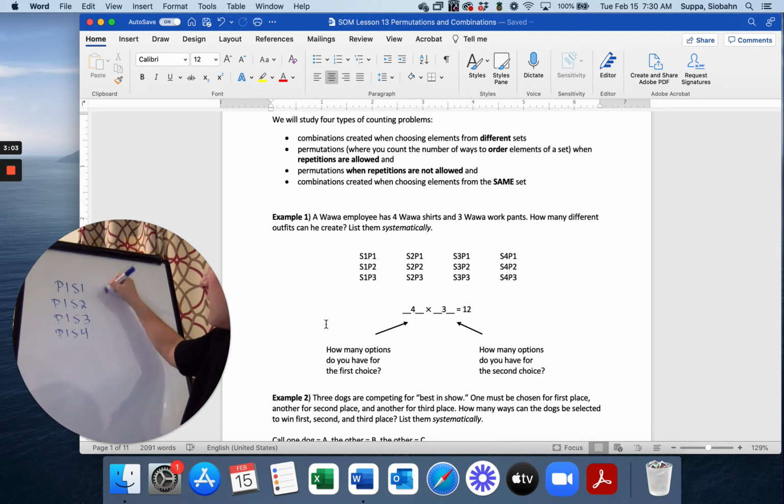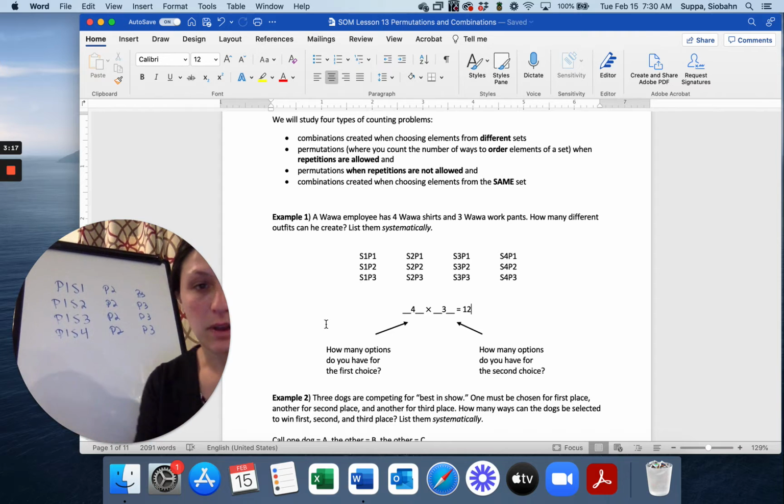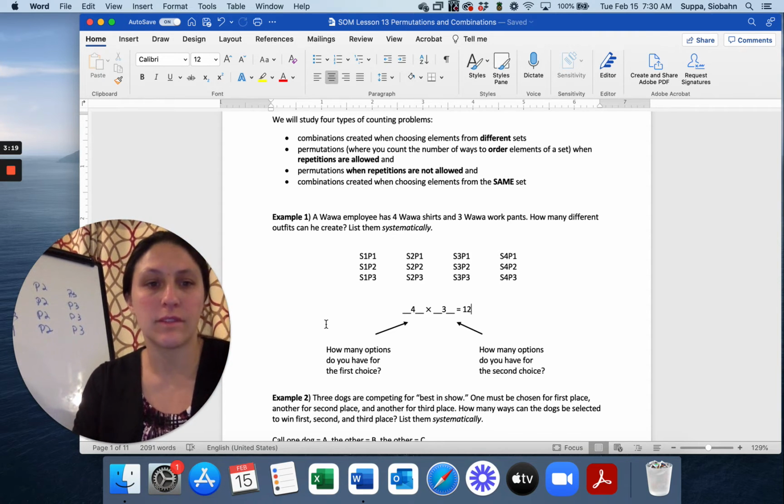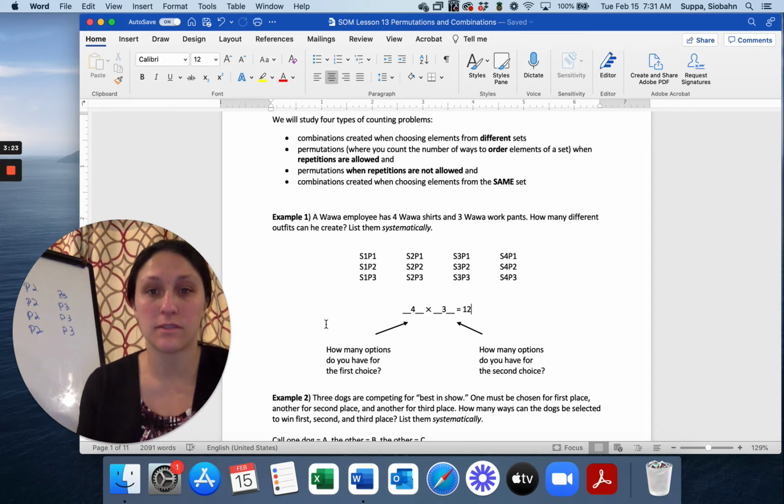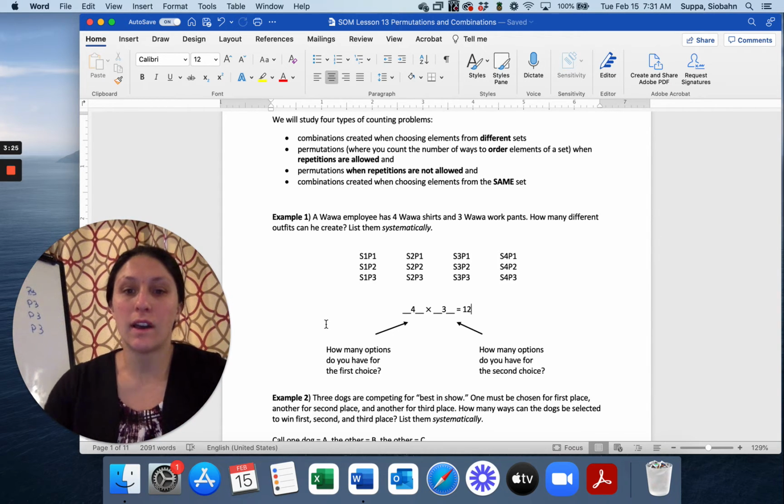And then you do the same thing with pants 2, and then the same thing with pants 3. You would repeat all the shirts so that you would still get 12. So you can see there's different ways that you could list out these combinations. These are called combinations. But either way, you get 12.